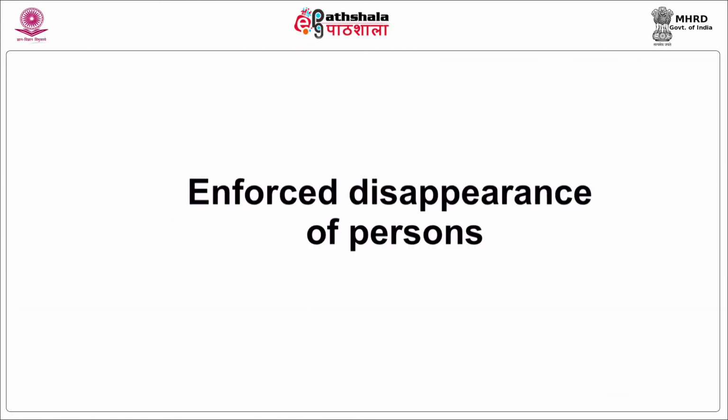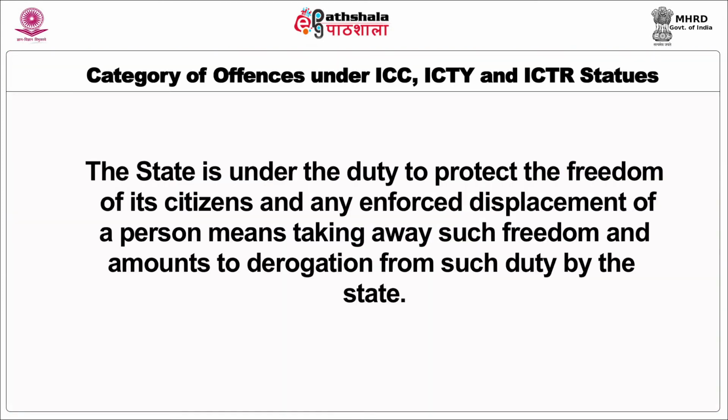Next, enforced disappearance of persons. The state is under the duty to protect the freedom of its citizens, and any enforced disappearance of a person means taking away such a freedom and amounts to a derogation from such duty by the state.